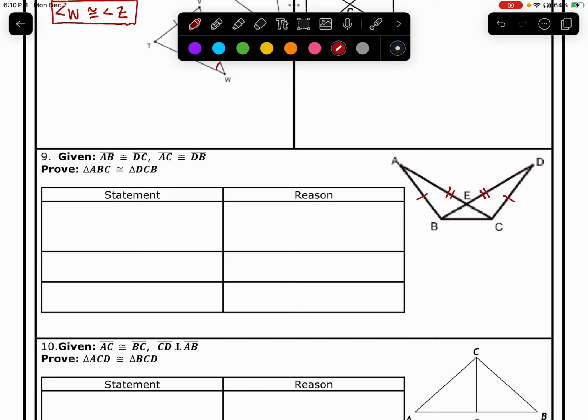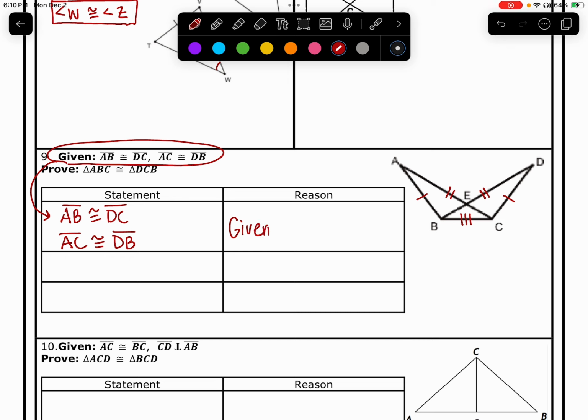So right here, we see that BC is congruent to itself. So the way that these work is that you write down the given information first. Always start with whatever it says next to given, and the reason will be given.